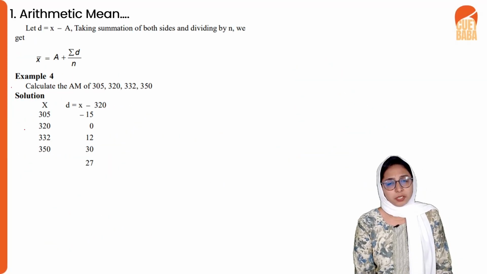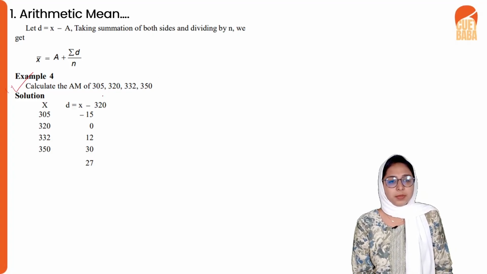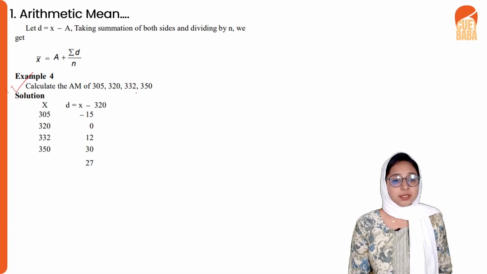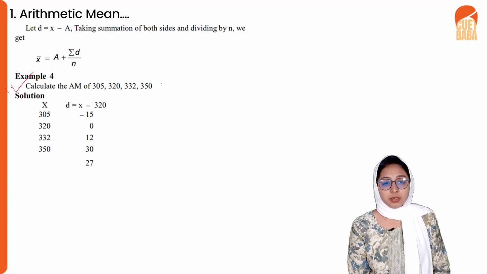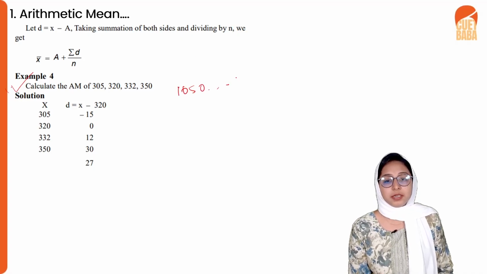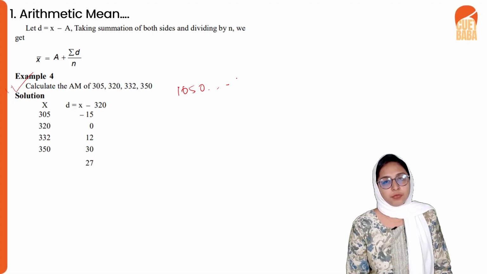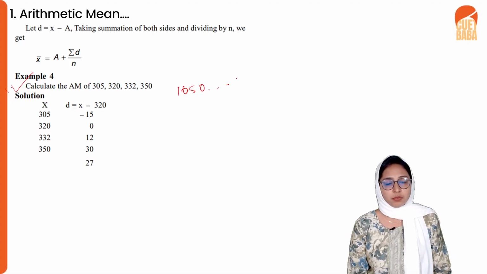Now there is a shortcut method for arithmetic mean. Consider this example: calculate the arithmetic mean of 305, 320, 332 and 350. We can see that these are large numbers. There might be examples with numbers like 1,50,000, so it is very difficult to find the arithmetic mean using the summation of the observations divided by the number of observations.